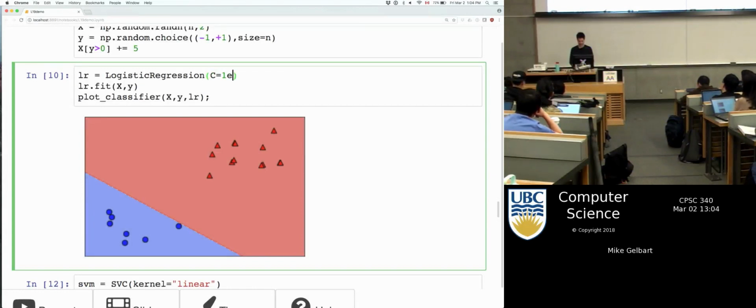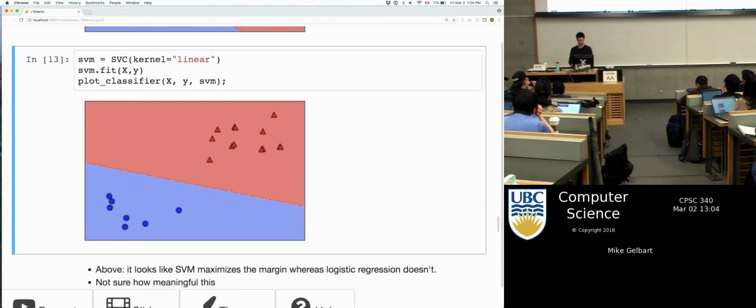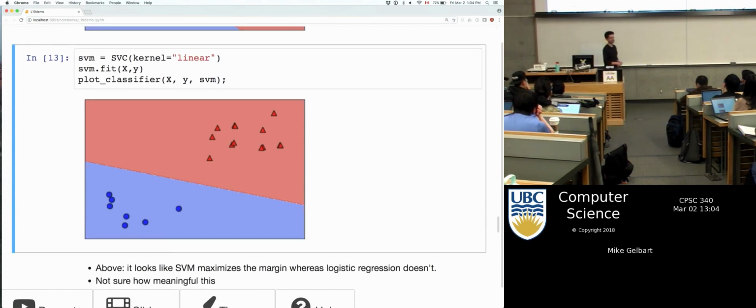If I make the regularization really small, then we get something different that maybe you feel happier about. But here's the SVM. Regardless of the amount of regularization I use here, it's cutting exactly between the two points.